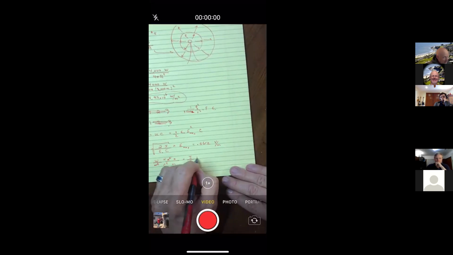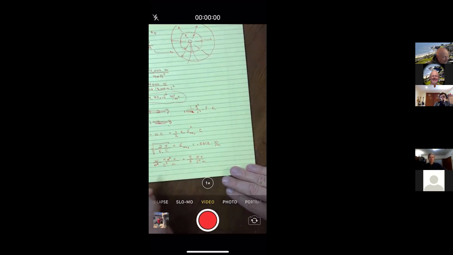And then I've got the Newton and the second left over from here, and then the coulombs squared per meter. Why don't I just cancel the seconds to make that easy?